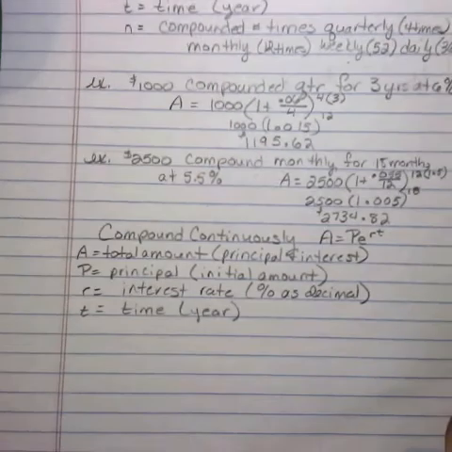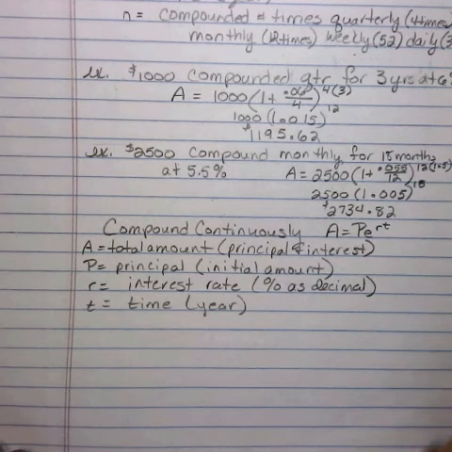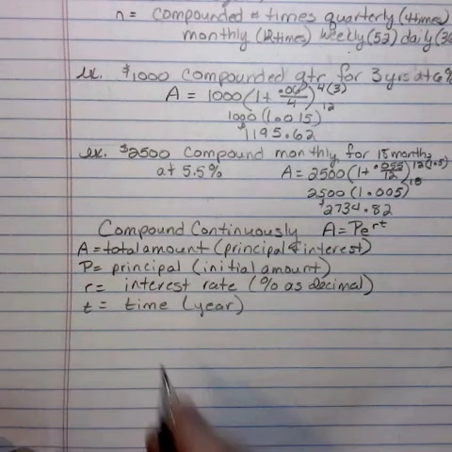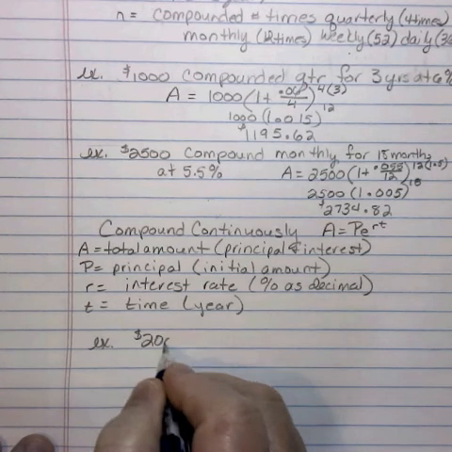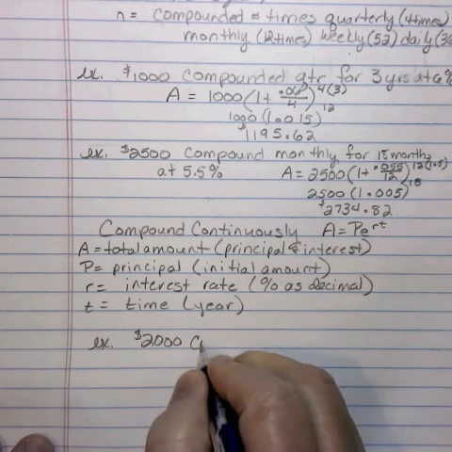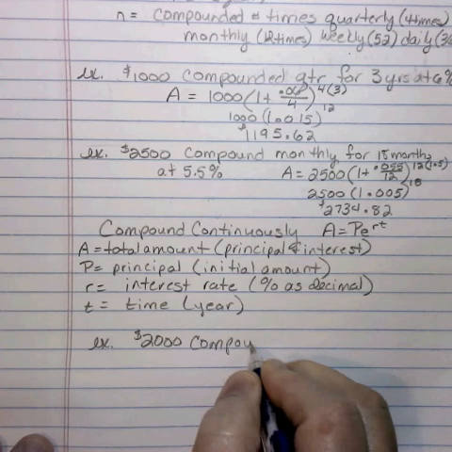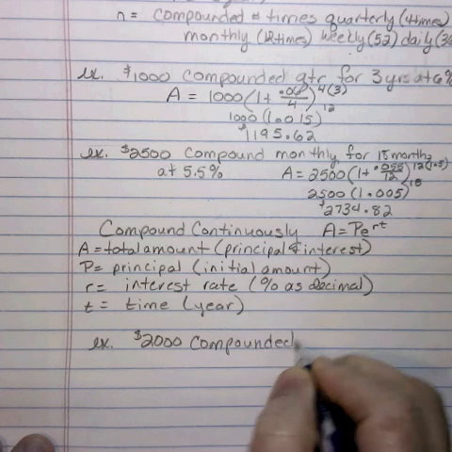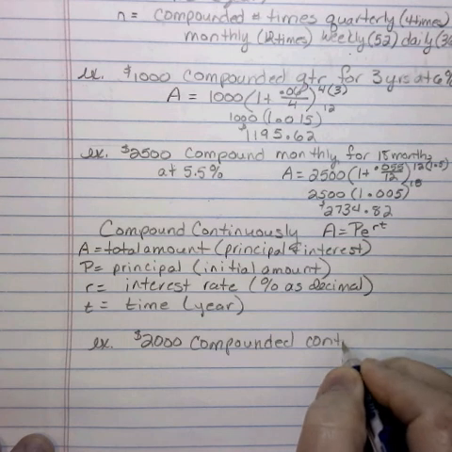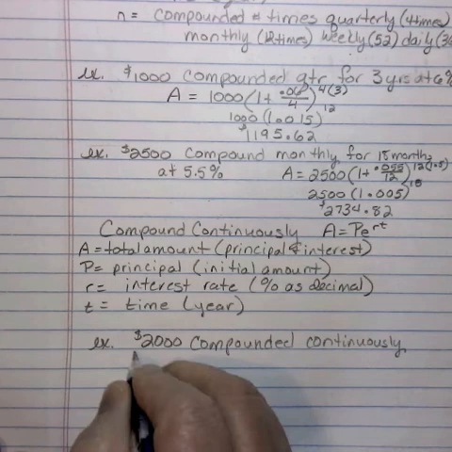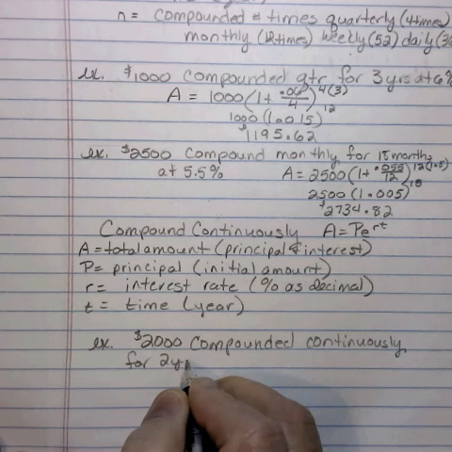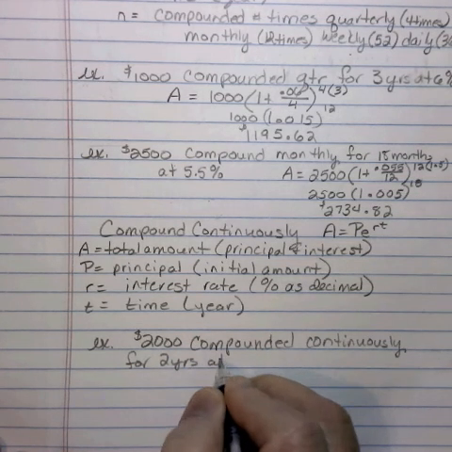Okay? And so as we look at our example problem here, we're going to invest $2,000, compound it continuously, for 2 years at 4%.